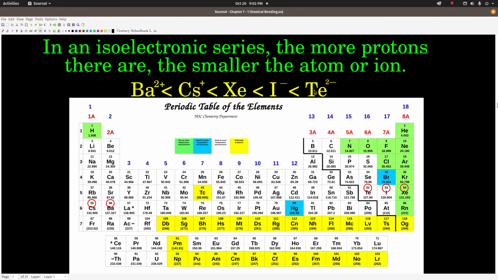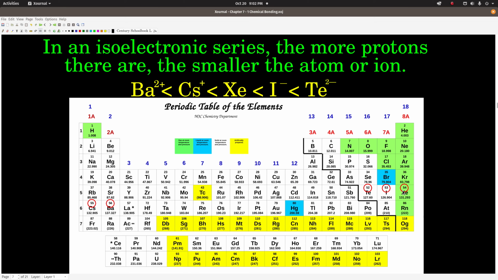Likewise, the telluride ion has 54 electrons, not valence electrons. So these all have the same number of electrons as each other, and that means that they are an isoelectronic series. And what we can say about an isoelectronic series is that the more protons there are in the nucleus, the smaller the size of that species.